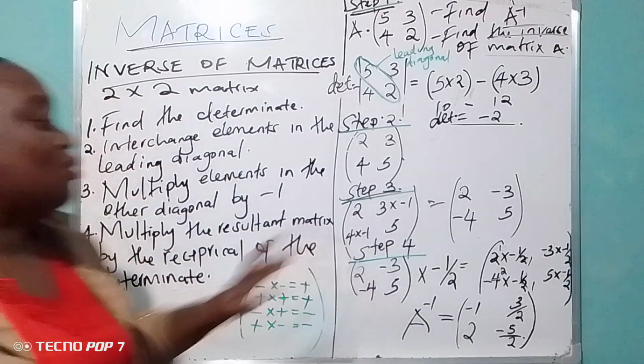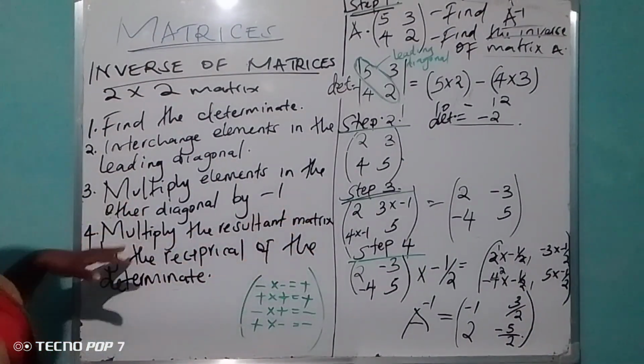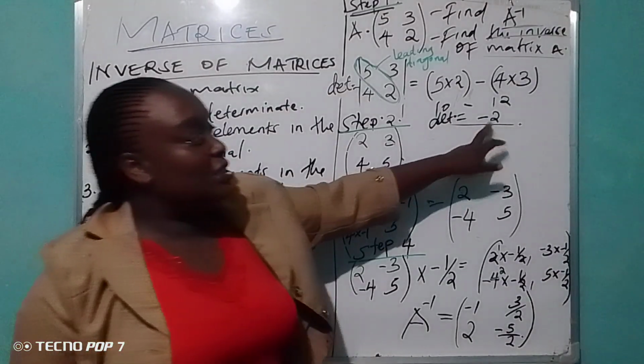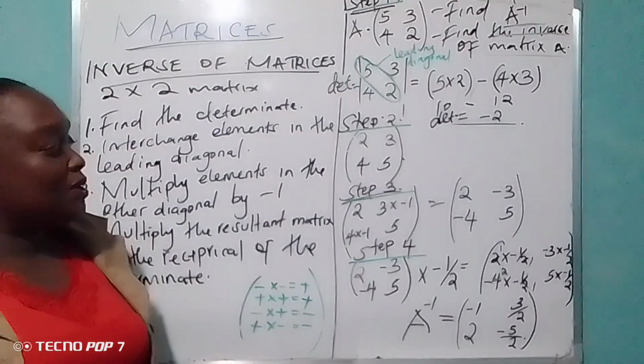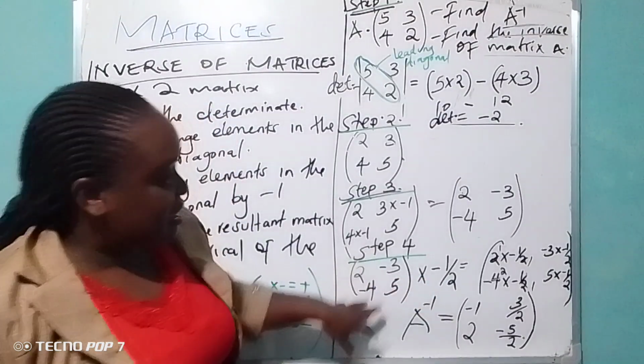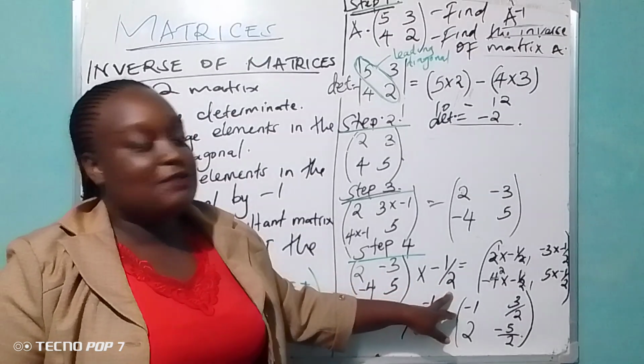Inatupea hiyo. Then we go to the last step, which is step 4. We multiply the resultant matrix by the reciprocal of the determinant. We found our determinant as -2. So its reciprocal will be -1/2.